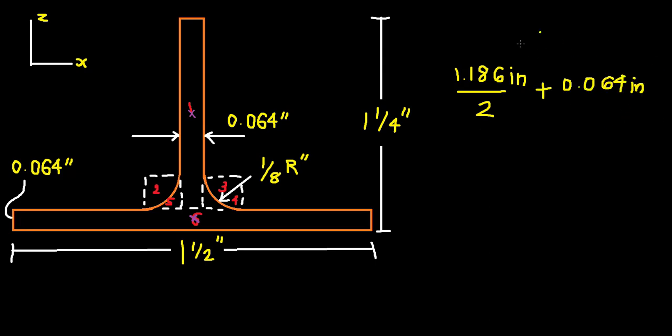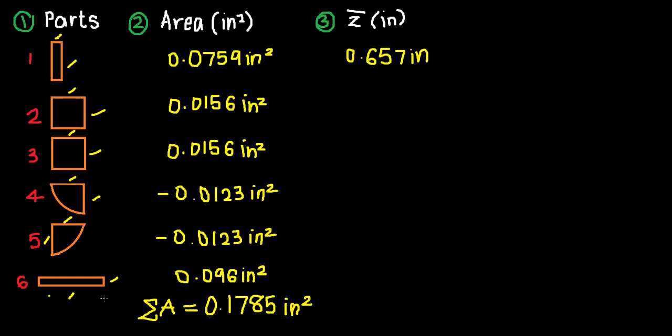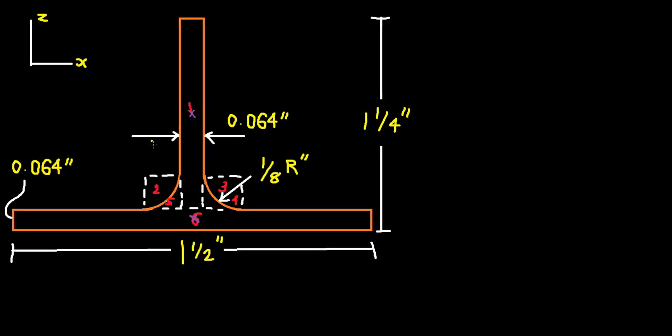That is the position of our first centroid. Now let's figure out what it is for our 6th shape before we head on to our complex shape. Now for our 6th shape, it's basically, as you can see, similar to our problem 3.6. We already know that the total height of this rectangle is simply 0.064. So to get the center, we simply divide it by 2.